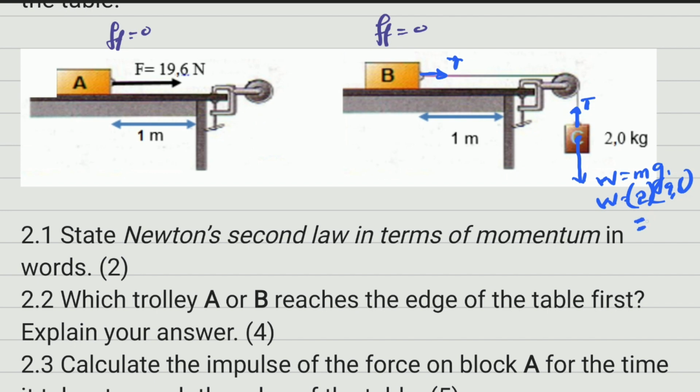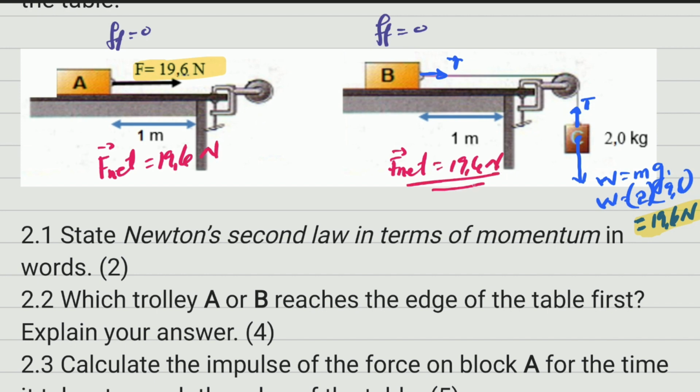The weight of this object is going to be 19,6 Newton. And notice the following. This and this one here are the same. So the net force is going to be the same. So the net force in this case here is going to be the same as the net force in this case here, which is 19,6 Newton.